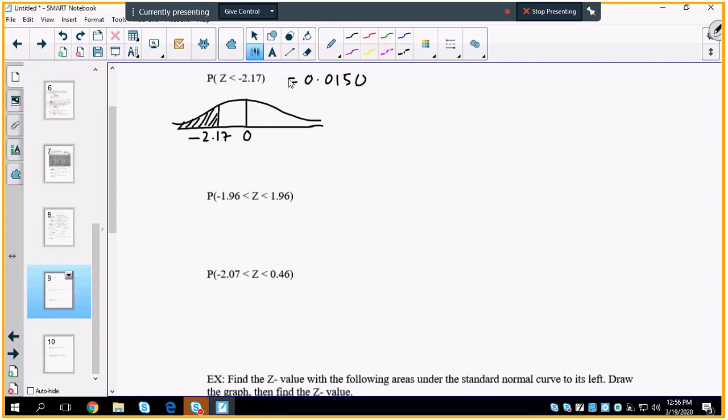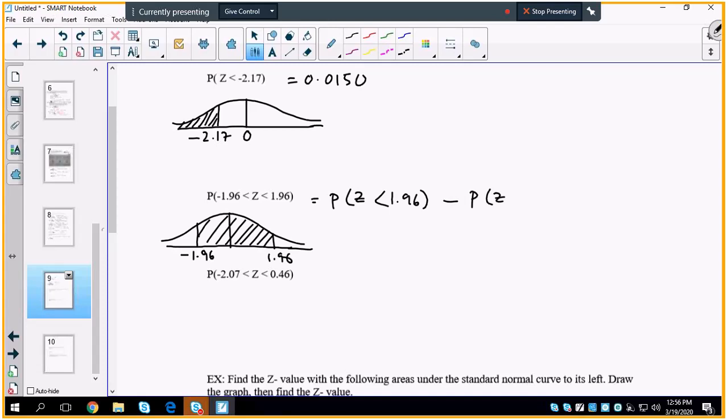Between negative 1.96 and 1.96. So this one is actually pretty nice because first and foremost, I will get negative 1.96 on the left and 1.96 on the right, and I want this area. Because I'm trying to find the area between two numbers, I can write it as probability of Z less than the higher number, that is from the table directly, minus probability of Z less than the lower number, which is also directly coming from the table.